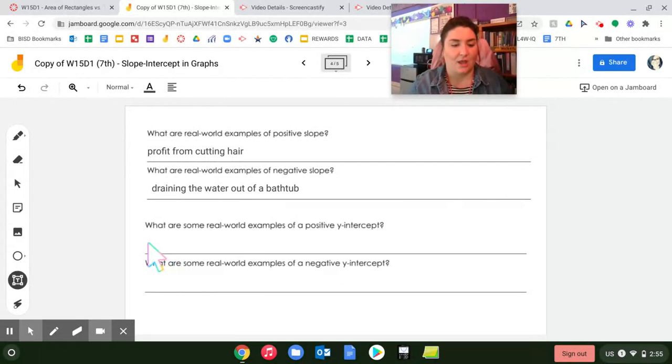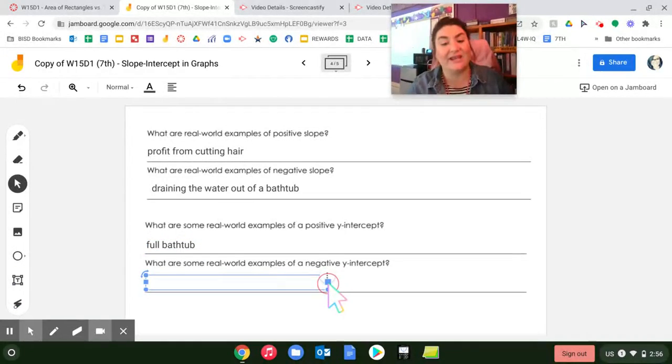Okay. What are some real-world examples of positive y-intercept? So where something is starting. That would be like a full bathtub. Now, for a negative y-intercept, a lot of people said, oh, an empty bathtub. The problem is that the level is 0, right? It's not below the bathtub. It's just 0. So be careful not to put anything on here where something is starting at 0. That would just be a proportional relationship. These relationships are not proportional.